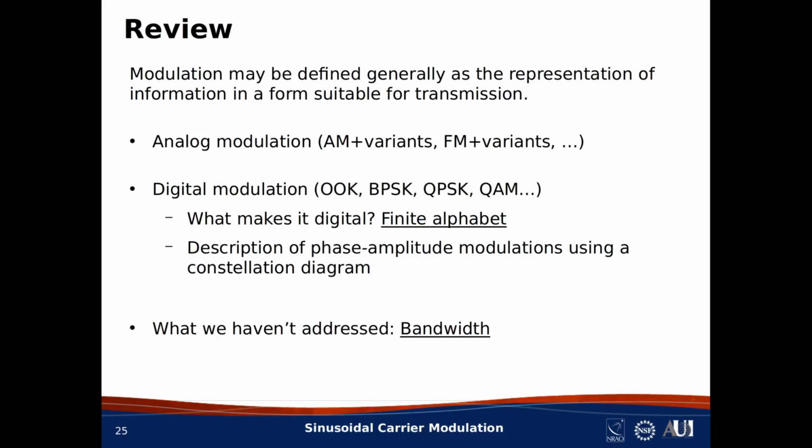We talked about phase-amplitude digital modulations, including OOK, BPSK, QPSK, and QAM. We talked about how these can be represented using constellation diagrams. I briefly mentioned, but did not cover, the digital modulations in which frequency is also varied, but they're certainly out there as well. Remember that the thing that defines a digital modulation is the finite alphabet property.